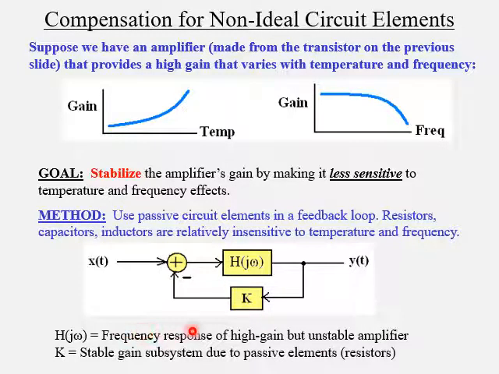And H of j omega, again, is the open loop gain of our amplifier without feedback at all. This is going to have some high gain, but remember, it is going to be unstable due to temperature and frequency effects.